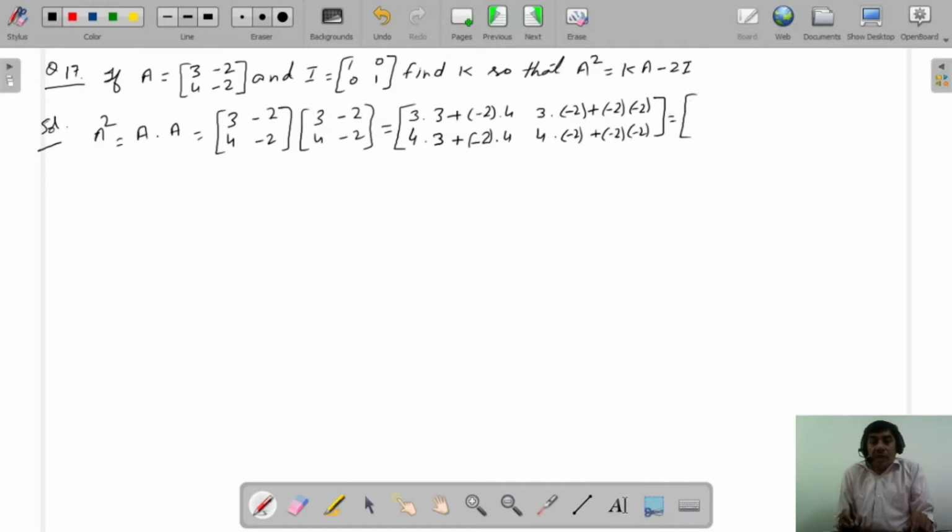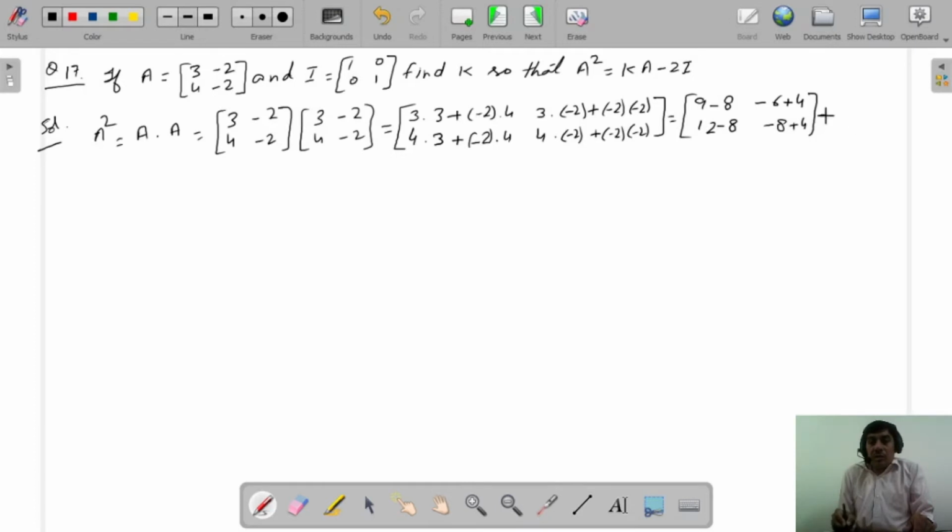3 into 3 is 9, minus 2 into 4 is minus 8; 3 into minus 2 is minus 6, minus 2 into minus 2 is plus 4; 4 into 3 is 12, minus 2 into 4 is minus 8; 4 into minus 2 is minus 8, minus 2 into minus 2 is plus 4.